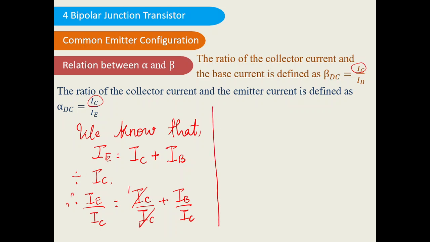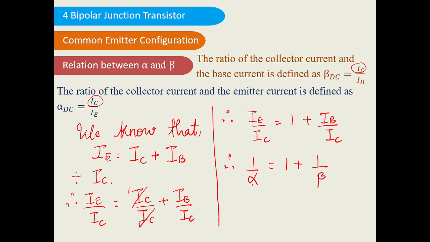Therefore IE divided by IC is equal to 1 plus IB divided by IC. Now IE divided by IC is the reciprocal of alpha, so it is 1 upon alpha. Therefore 1 upon alpha is equal to 1 plus IB divided by IC. Again, IB divided by IC is the reciprocal of beta, which is 1 divided by beta.